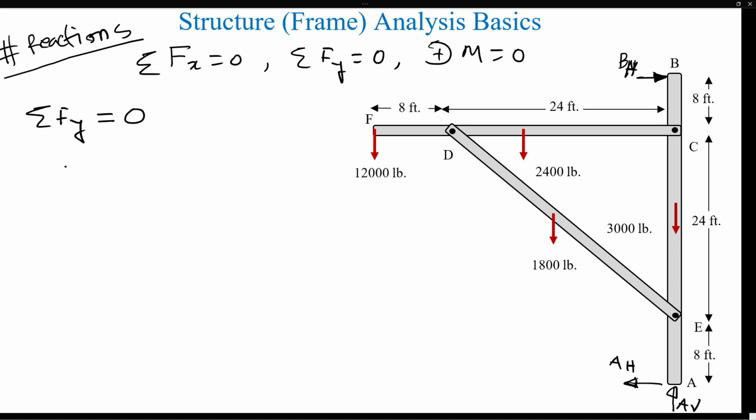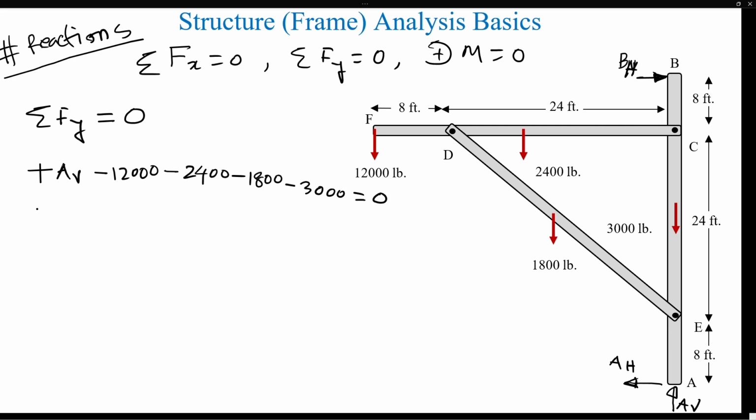To find the vertical component at A, we assume the upward direction is positive, minus all the other forces: the 12,000 pounds this crane is carrying, going downward, minus the weight of the boom, 2,400 pounds, minus the weight of the brace, 1,800 pounds, minus the 3,000 pound post weight, and everything sums to 0.